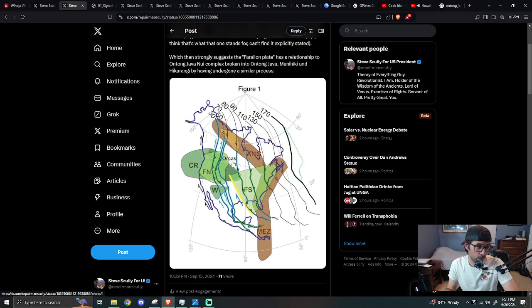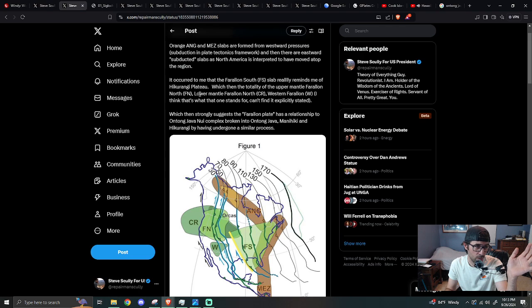Where all these chunks behave like the Ontong Java Nui complex breaking up, perhaps, where Hikurangi got wedged over here, while Manihiki is over here, the western one, and then Ontong Java is the northern, central, lower, and the lower mantle. Upper mantle north and lower mantle north, that's right.